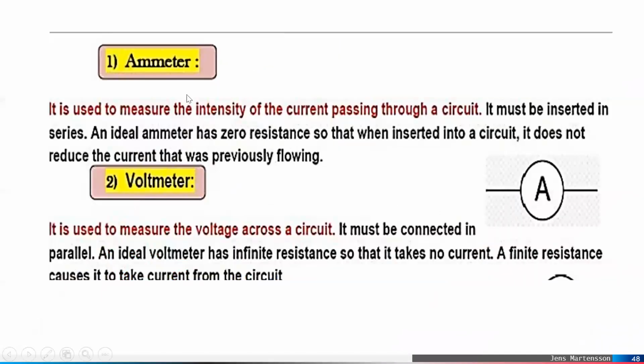Finally, you need to remember the name of the apparatus used to measure the current. The current can be measured by the ammeter, which is connected in series, and the voltmeter is the apparatus that measures the voltage in the electric circuit. The unit for the current is the ampere, and the unit of the voltage is the volt.